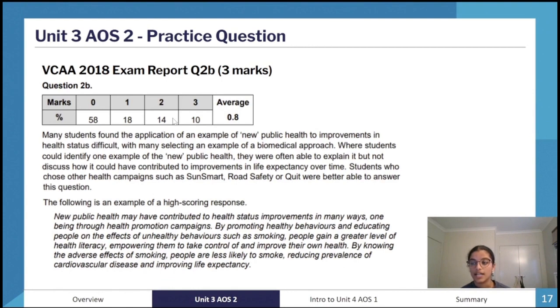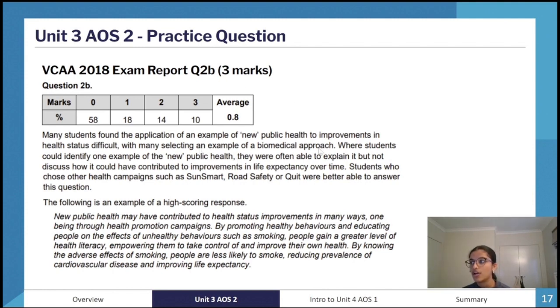One example of a high scoring response from the exam report is this one, and it's a really good example in terms of linking to health status improvements. Students who chose an example were more able to discuss it and link it to improvements in life expectancy over time.